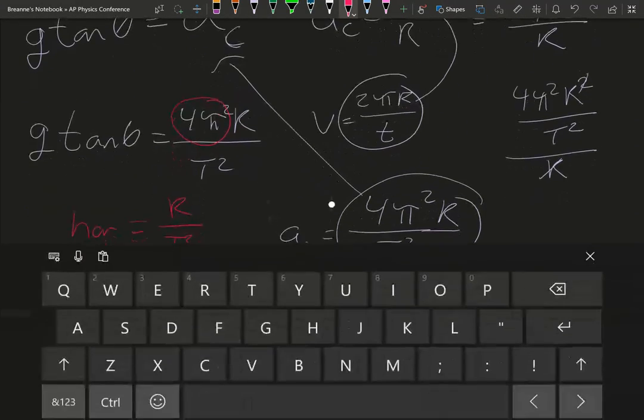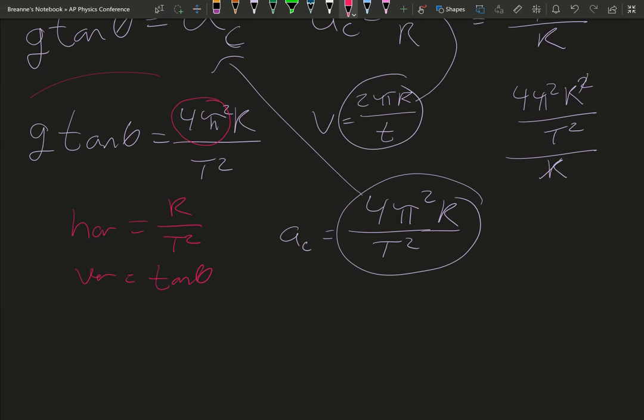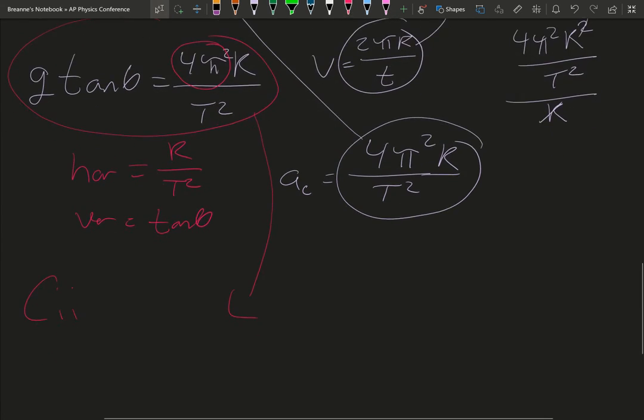So if we continued with this down here, because this is C double I, G would end up being, if we're ignoring that part, R over T squared over tan theta. So this would be your rise over run.